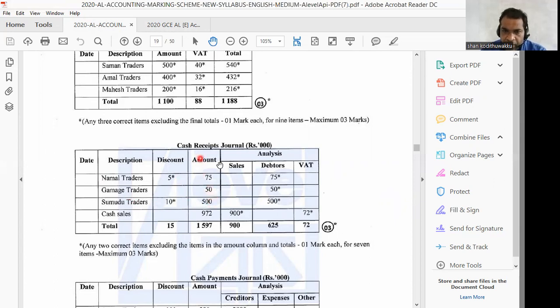Again, what we have mentioned in the amount column, you have to include in the analysis column. Under the analysis column, we have sub columns called ledger. That is how you have to prepare the cash journal. What we enter in the amount column, you again enter into the analysis column, like this.